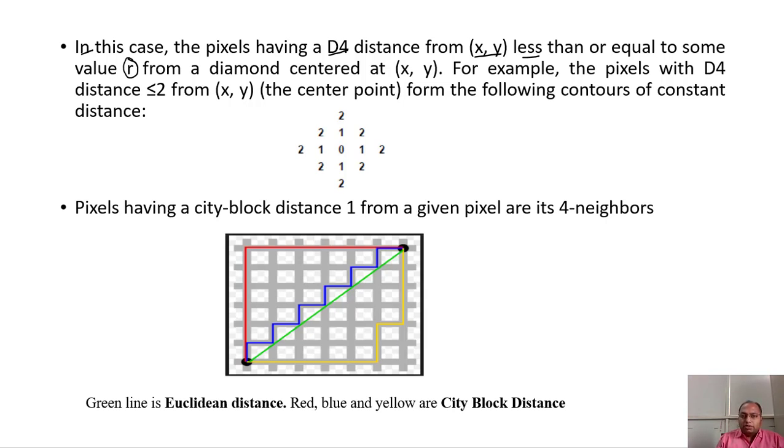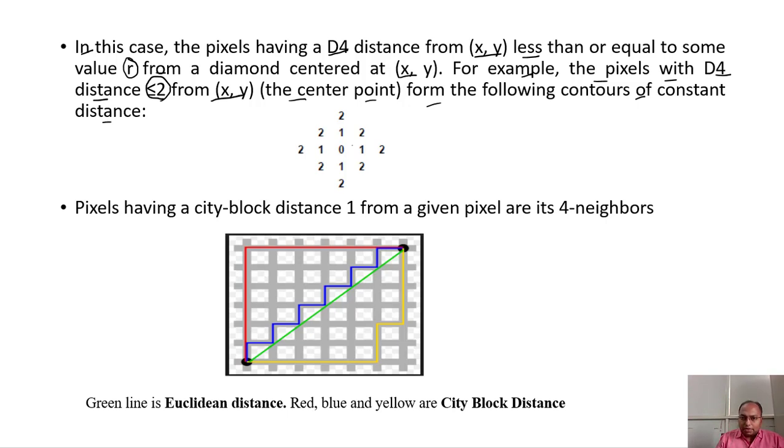From that particular diamond centered at xy, for example, let us say the pixels with d4 distance less than or equal to 2 from that particular pixel, the contours of constant distance from the center point are shown like this.